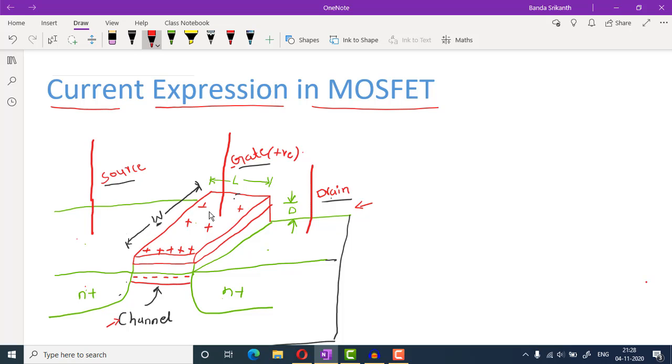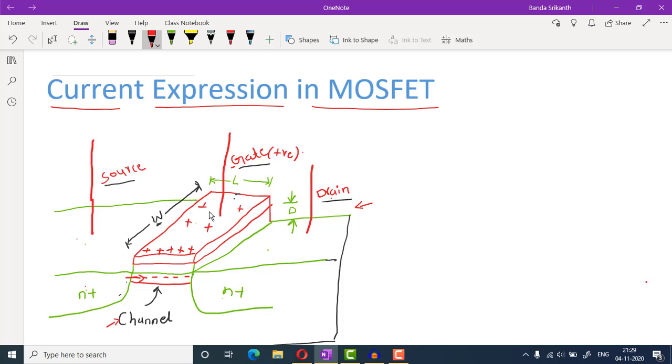After getting the channel, the current will travel from the source side to the drain side based on the potential difference between source and drain. That gate positive potential needed to establish the channel is called the threshold voltage.